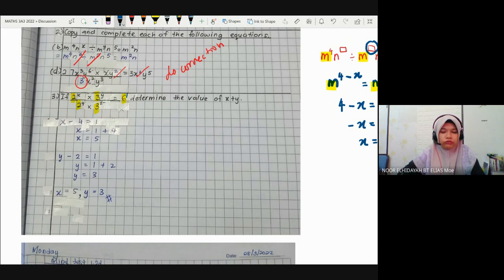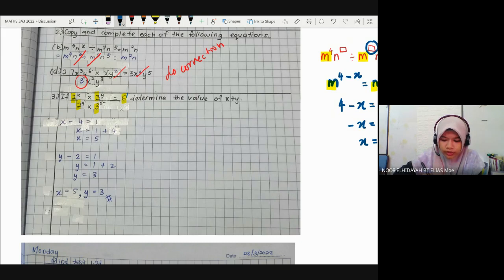Solve problems involving index. So here, 6 can be written as the factors of 6, which is 2 times 3. So kita nak dapatkan base yang ada dalam the left hand side tu.